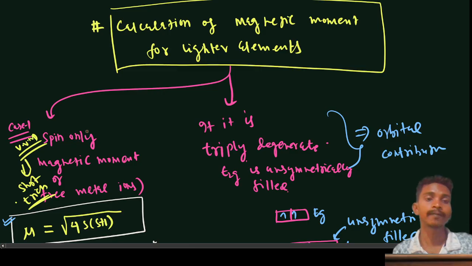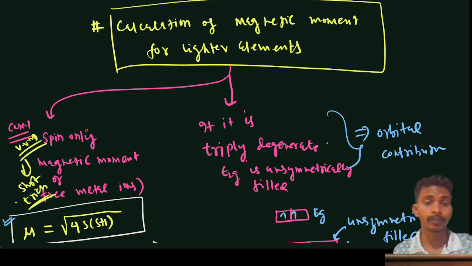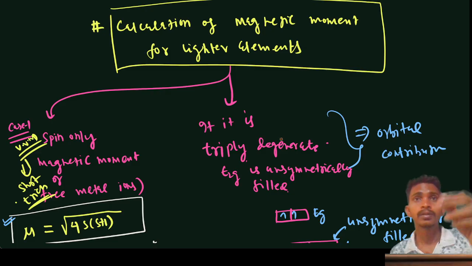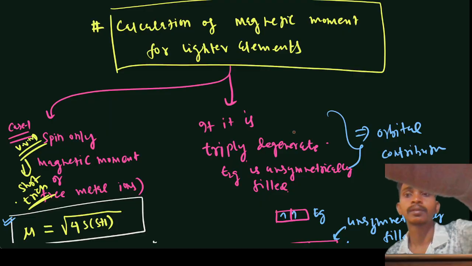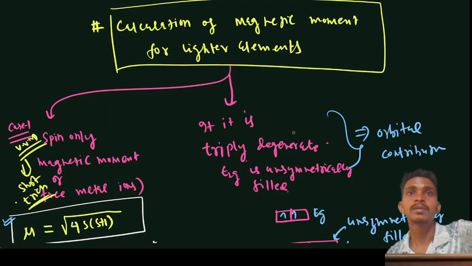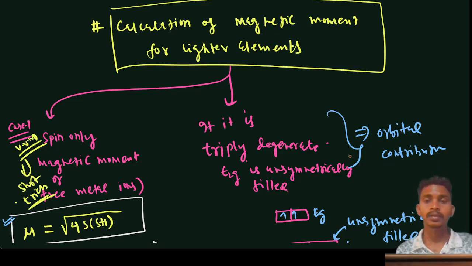But if it is not mentioned that it is spin only magnetic moment or free metal ions, in that case we have to check whether it is triply degenerate, doubly degenerate, or non-degenerate.